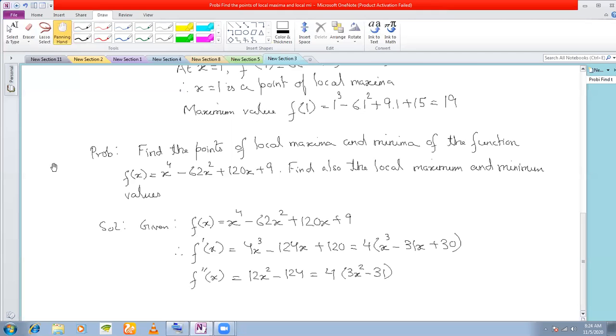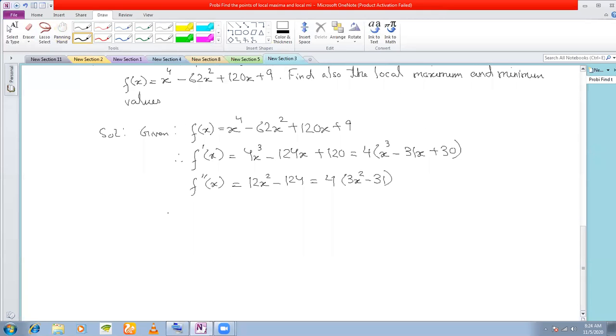For local maxima or minima, what do we do? We will do f'(x) is equal to 0.